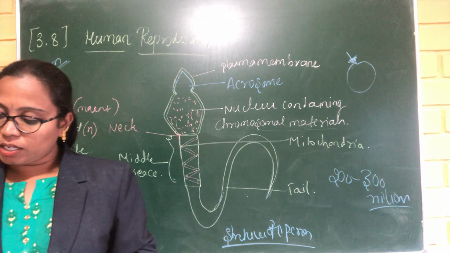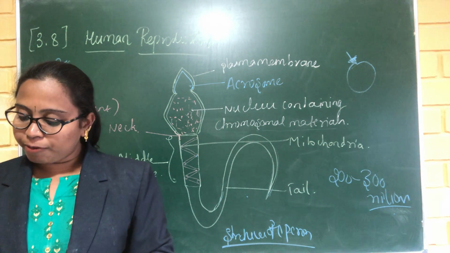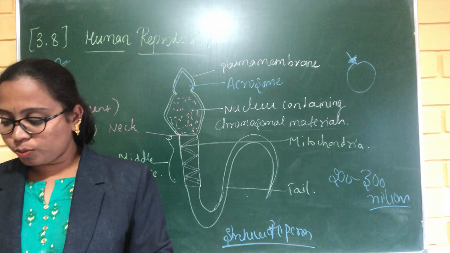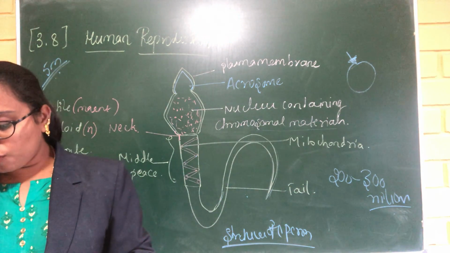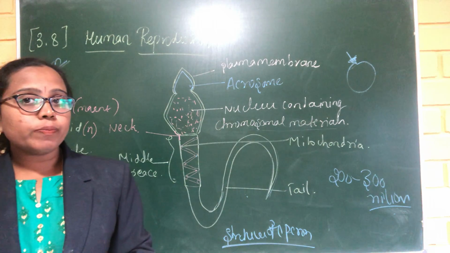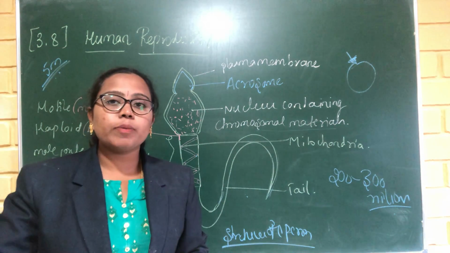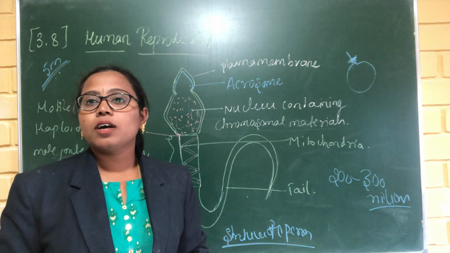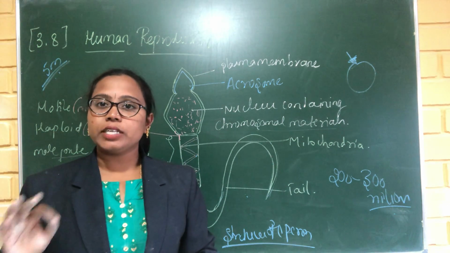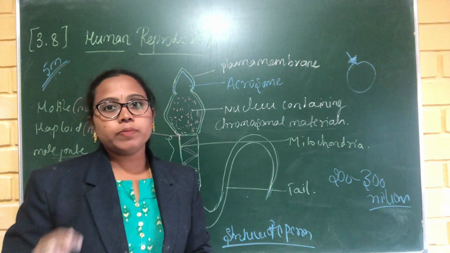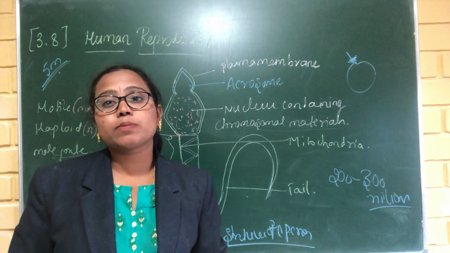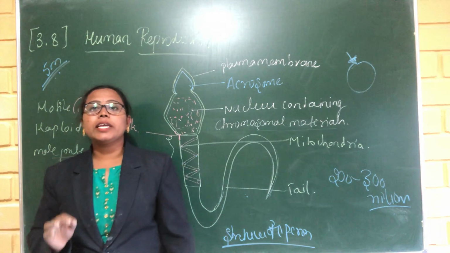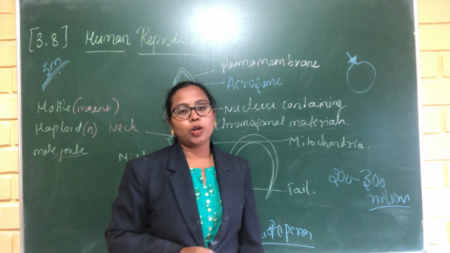The primary oocyte develops into the secondary oocyte, and finally the polar body and the ovum are produced. Soon after the release of the egg, at 14 to 21 days, fertilization takes place between the male gamete and the female gamete in the ampullary-isthmic junction of the fallopian tube.